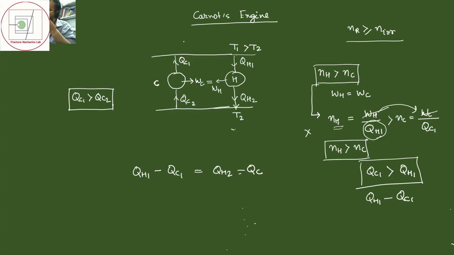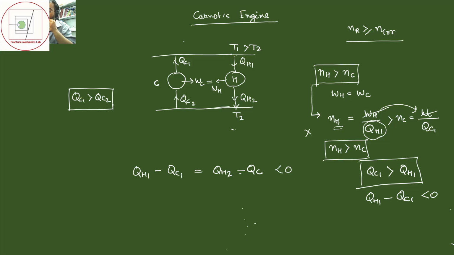So QH1 is smaller than QC1. So this is less than 0, right? So that means this is going to be less than 0, right? So, and both of them are going to be less than 0. So what are we coming to?